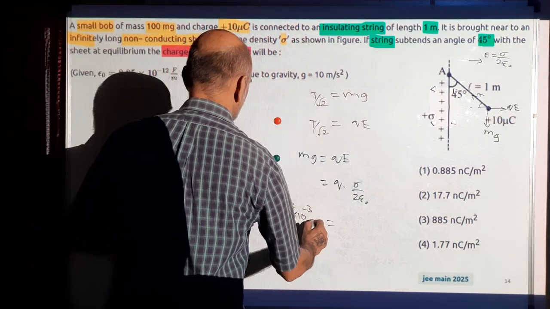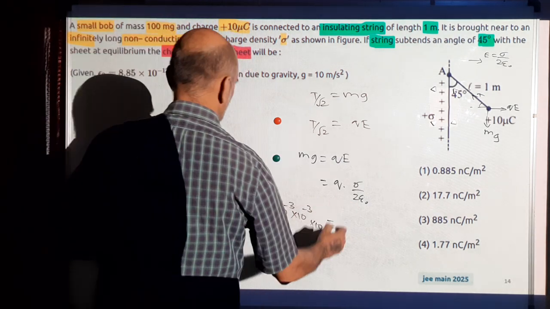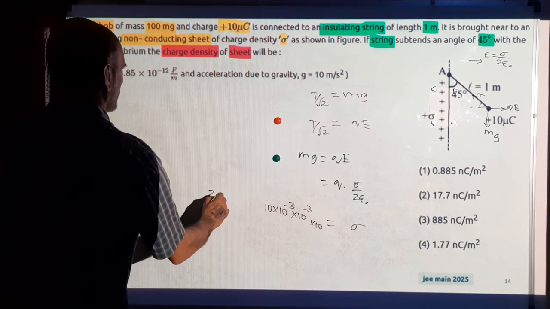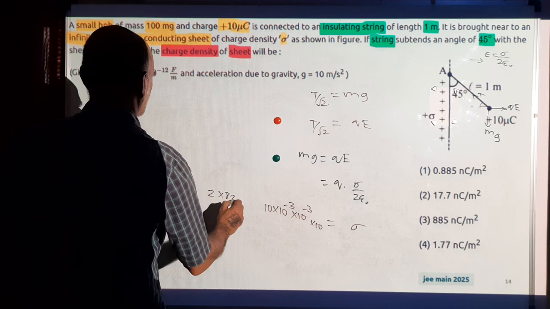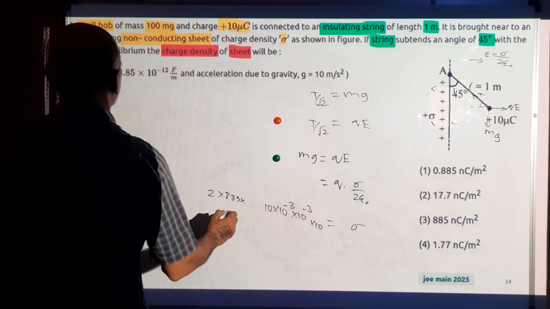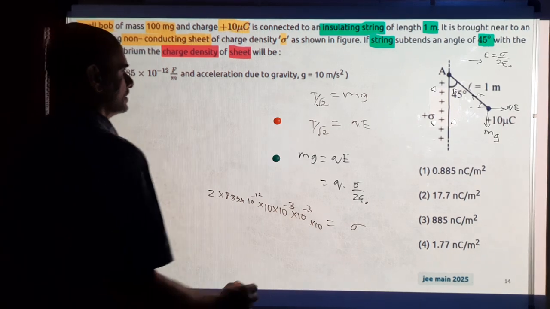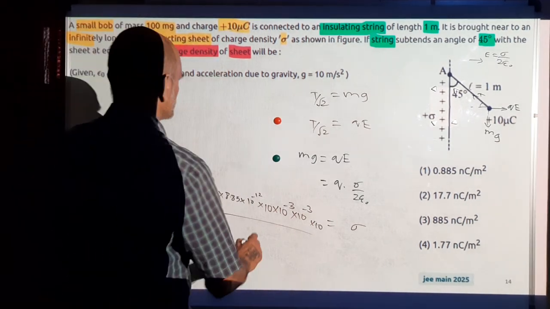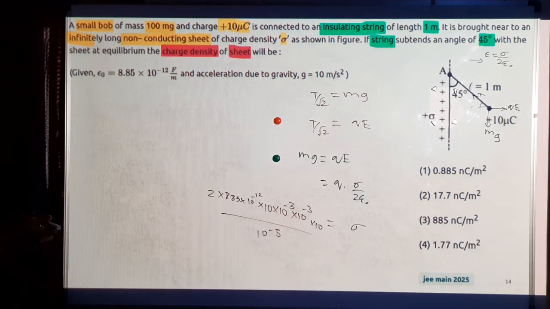Into g is 10, into 2 epsilon naught. Epsilon naught is 8.85 into 10 to the minus 12, divided by q. q is 10 micro, so this is 10 to the minus 5 coulombs.